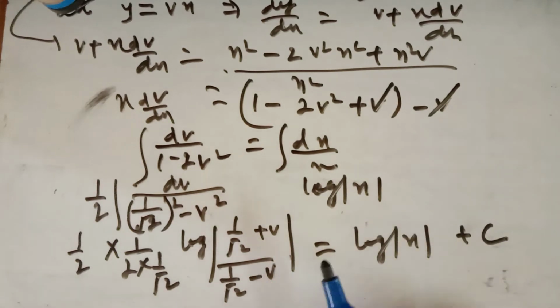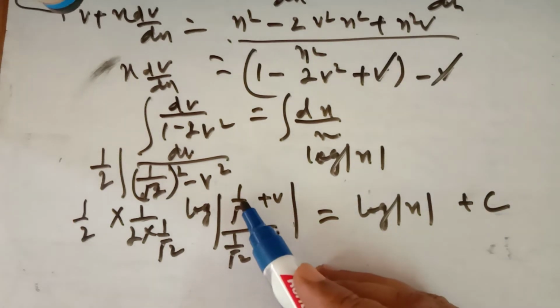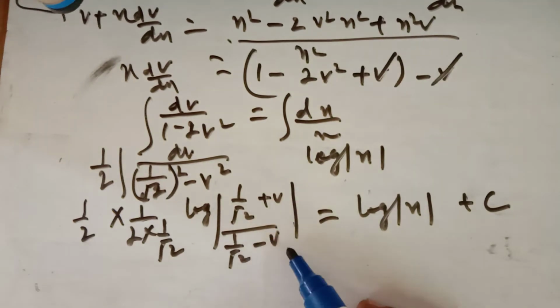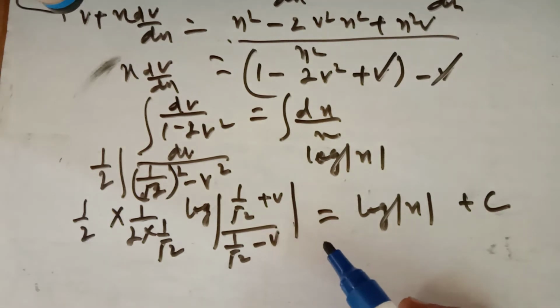Now you have to simplify as far as possible. This will be 1 upon 2 root 2. You can take the LCM as 1 plus v root 2 upon 1 minus v root 2, and replace the value of v, which is y upon x. So this is question number 5 of this exercise 9.5.